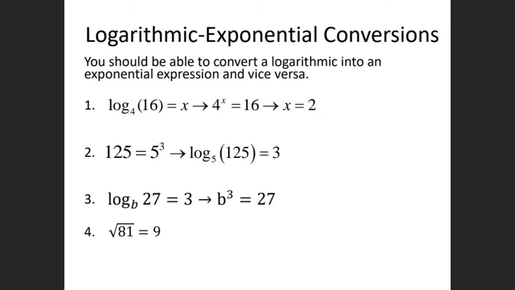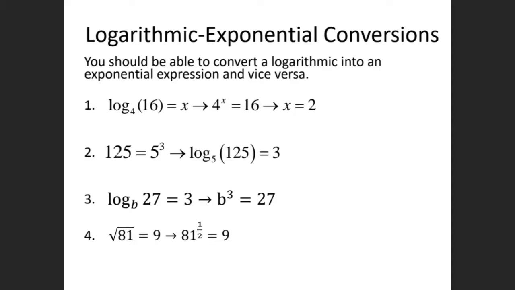All right, how about this last example? The square root of 81 is equal to 9. Let's convert this into a log expression, right? So you may not see it, but we can convert the square root into an exponent value. The square root of as an exponent is to the 1/2 power, right? So we have 81 to the 1/2 power is equal to 9.